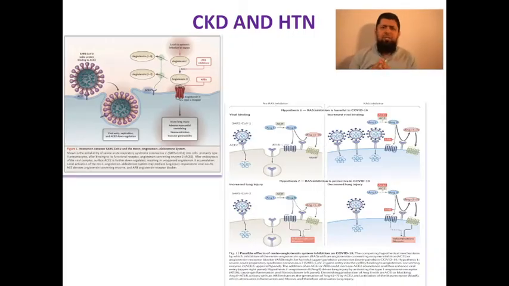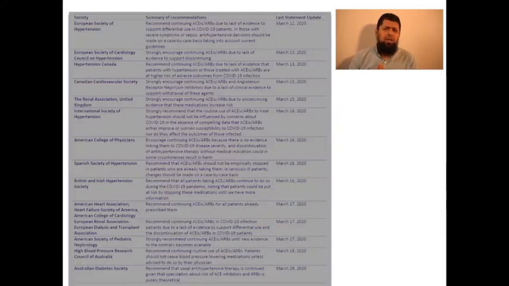Because of the uncertainty, and the cumulative evidence that abrupt withdrawal of ACE inhibitors or ARBs, especially in high-risk patients like heart failure patients, will lead to adverse health effects and clinical instability.